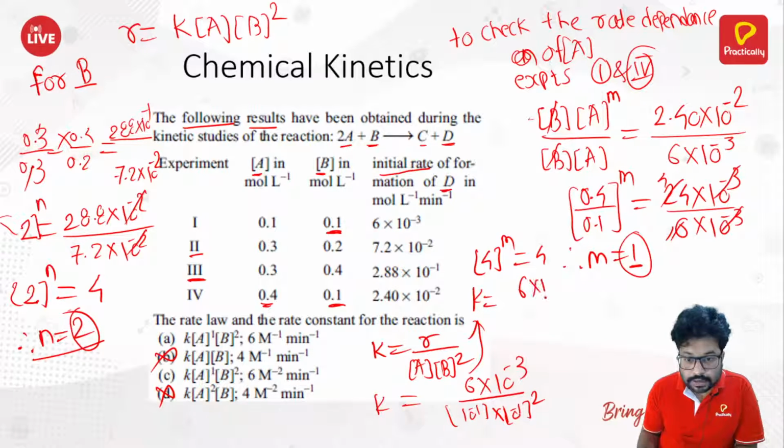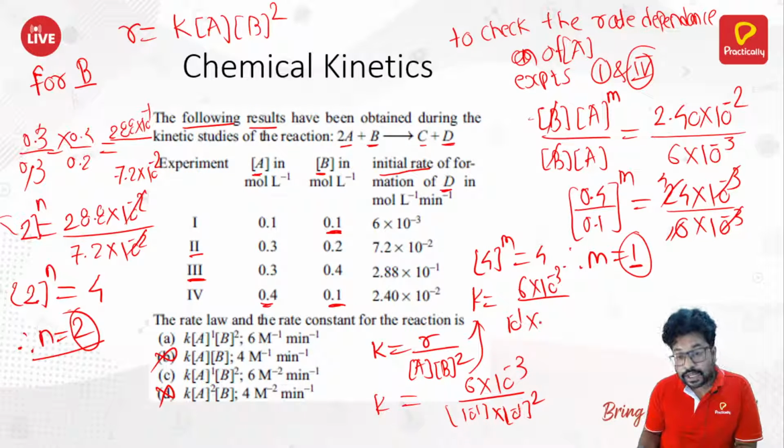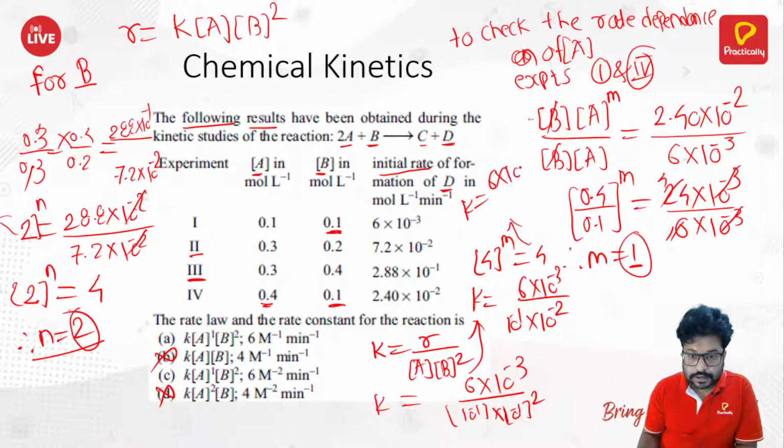Which makes K equal to 6 into 10 raised to minus 3 divided by 10 raised to minus 1 remains as it is, 10 raised to minus 1 bracket square, 10 raised to minus 2. So that makes K equal to 6 into 10 raised to minus 3 divided by 10 raised to minus 2 into 10 raised to minus 1, which is 10 raised to minus 3. 10 raised to minus 3 and minus 3 get cancelled.